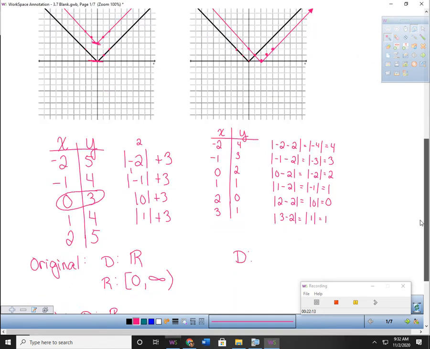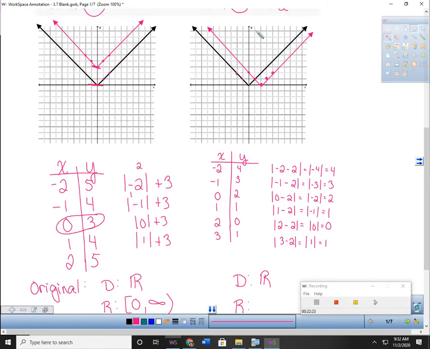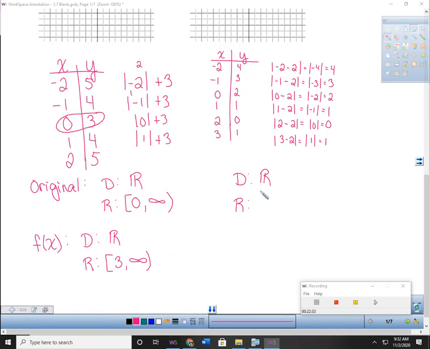Are you seeing a pattern here? All right, so all real numbers. For your range, that's how low does this graph go to how high. So what's the lowest this pink graph goes? 0 all the way to infinity. So you've got a bracket, 0, comma, infinity.